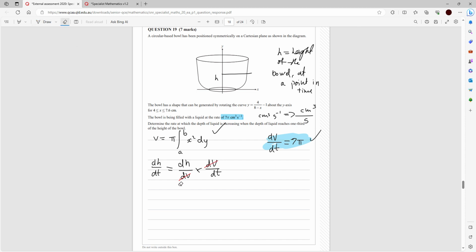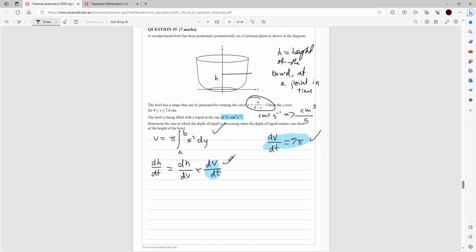So what we need to do is find, we've got this term, which is this bit here. We need to find dh dV. So we need to put this entire thing in terms of x first, because you've got to work out its volume.